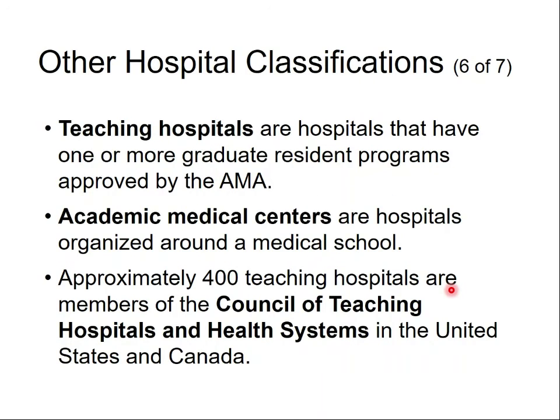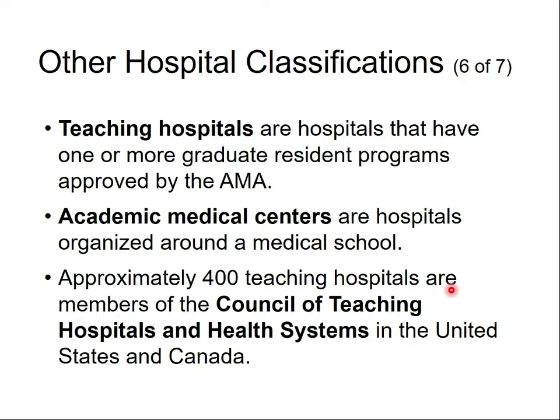Then hospitals also can be teaching hospitals. These are the hospitals that help physicians who are in training or even residents to work in a certain institute to work towards their license in that field. These teaching hospitals tend to be in medical centers where there would be hospitals, organizations that surround a medical school.